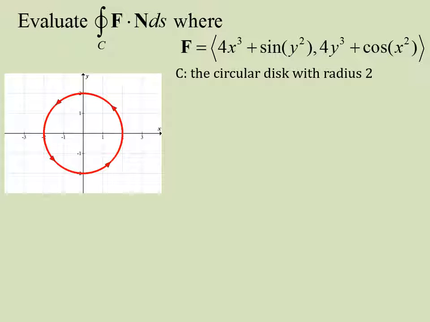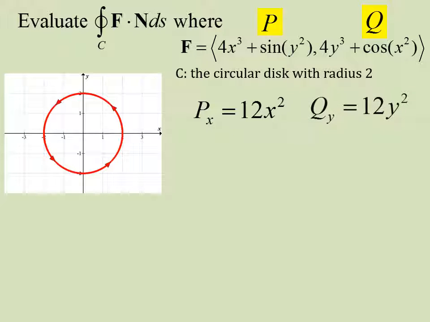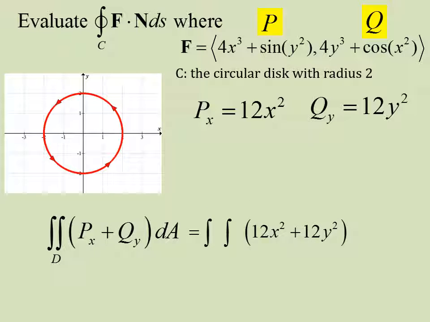So in this example, we're trying to compute the flux across the curve, which is the circle with the radius of 2, and there's our vector field. So here we'll do the derivative with respect to x on the first component, derivative with respect to y on the second component, and that becomes our integrand.